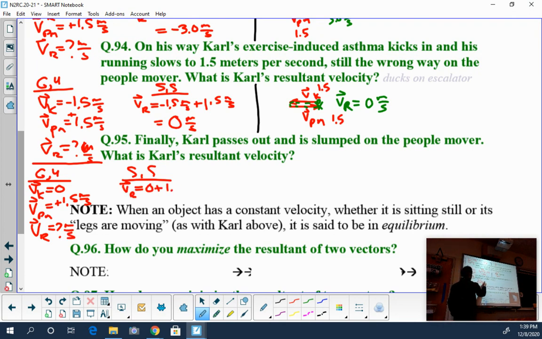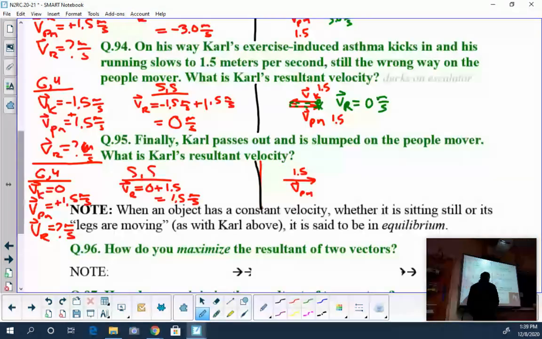So 0 plus the people mover is just going to be the people mover, 1.5 meters per second. And of course, if we drew that, Carl is nothing, and the people mover is just chugging along at 1.5, and it's still circle to start, X to finish. The resultant is right there. Resultant velocity is still 1.5 meters per second forward.